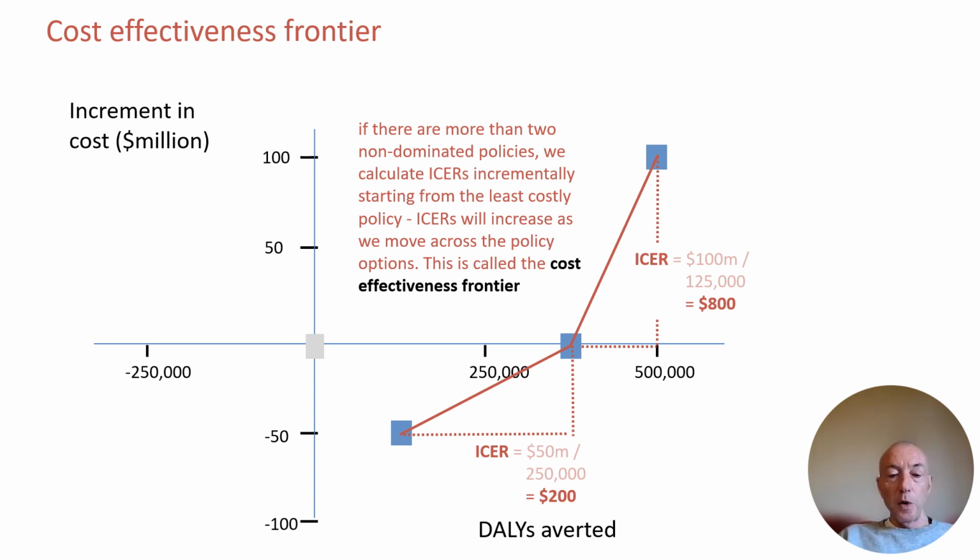So for the first two policies here, you see that the ICER is $200 due to it being a 50 million increase in costs, but 250,000 extra DALYs averted. And then from the second policy to the higher policy, the ICER is $800 because it costs 100 million more, but averts 125,000 more DALYs.